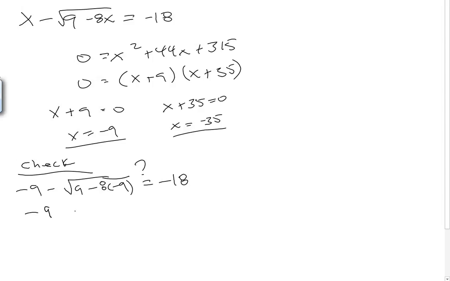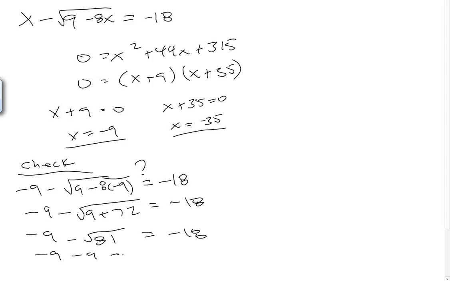Well, negative 9 minus the square root of 9 plus 72 is negative 9 minus the square root of 81, which is 9. So negative 9 minus 9 does equal negative 18. It works. So x equals negative 9, that's a fine solution. That doesn't tell me anything about negative 35. I have to check that one also.